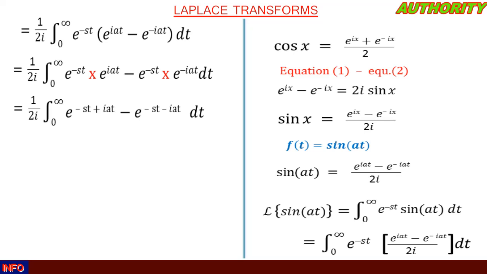Okay, good. Now let's factor out t, because t is common in both exponents. In factoring out t, we have e raised to the power of open bracket minus s plus ia, close bracket, t, minus e raised to the power of open bracket minus s minus ia, close bracket, t, dt.